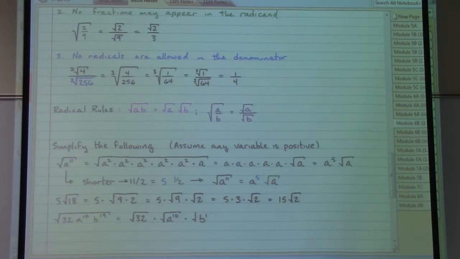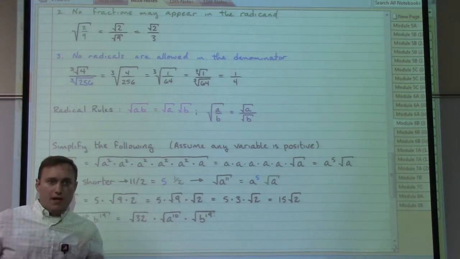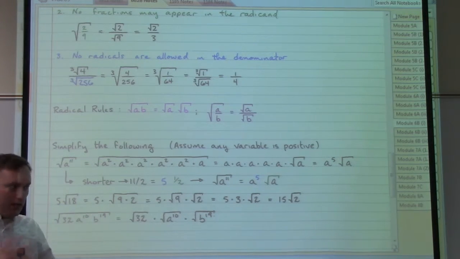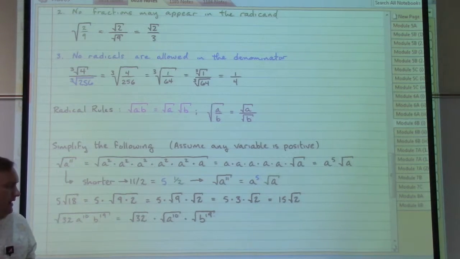We can jump more to the heart of the matter and say, look, we want to look at these as 3 separate square root problems. And once we have those 3 separate answers, we can go ahead and recombine things together to get our final answer. So the square root of 32.